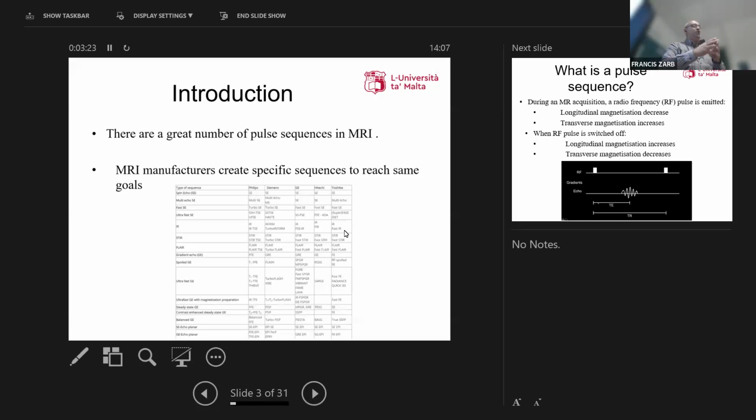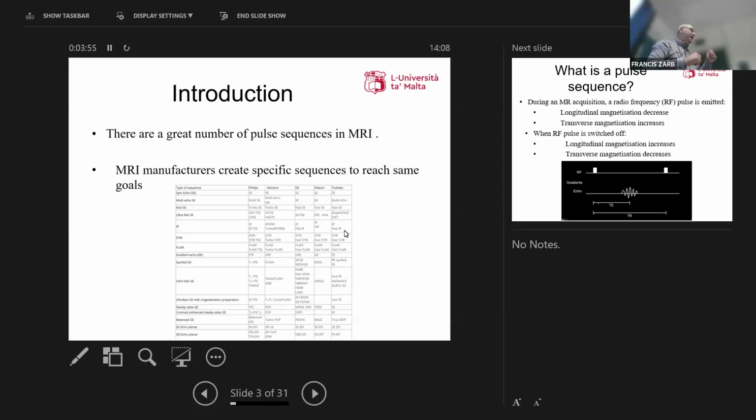So, the issue with MRI is that different manufacturers develop their own sequences. Mela, the end result, the final image of one manufacturer and another manufacturer may be the same, but the way they design the pulse sequence would be different. And therefore, each manufacturer would have their own nomenclature, their own terminology for a particular sequence.